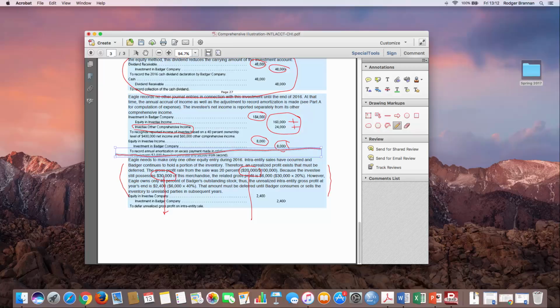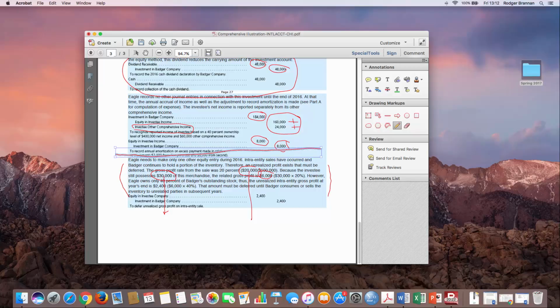It contains $20,000 of gross profit, so the amount is 20%. And the fact that there is $30,000 of inventory there means that you have $6,000 of gross profit that is sitting in the ending inventory. The $30,000 of inventory contains 20% of gross profit. The $20,000 over the sales price gives you the gross profit.